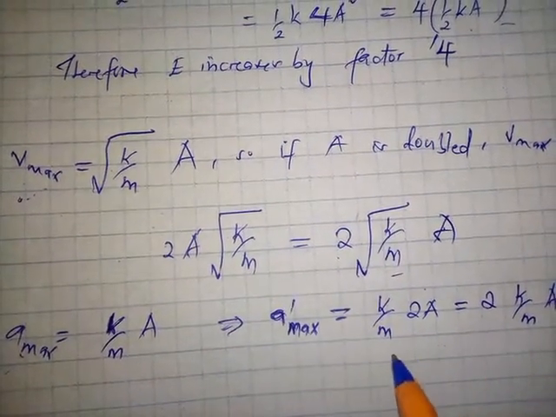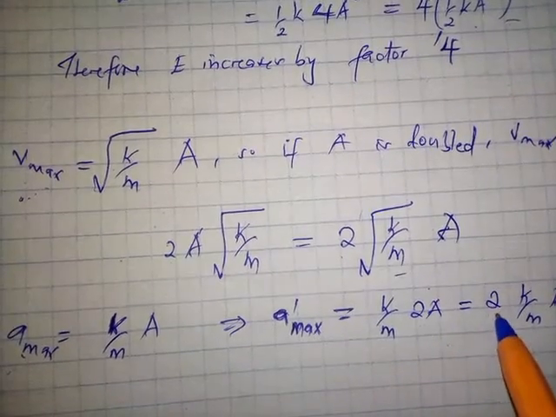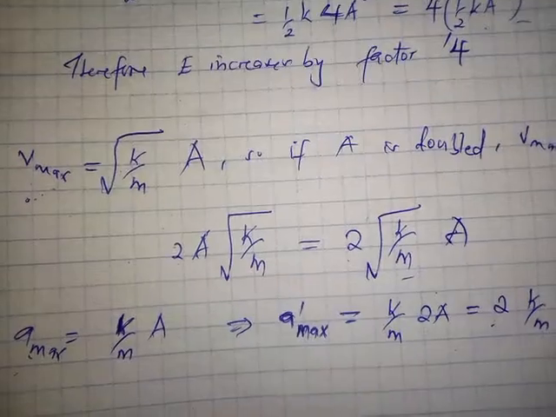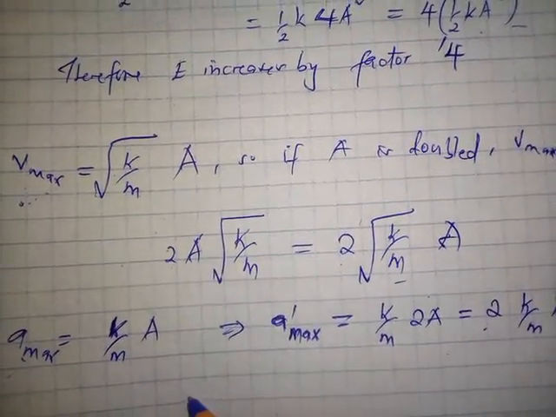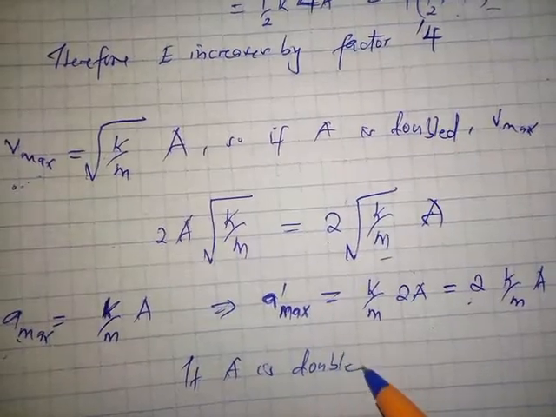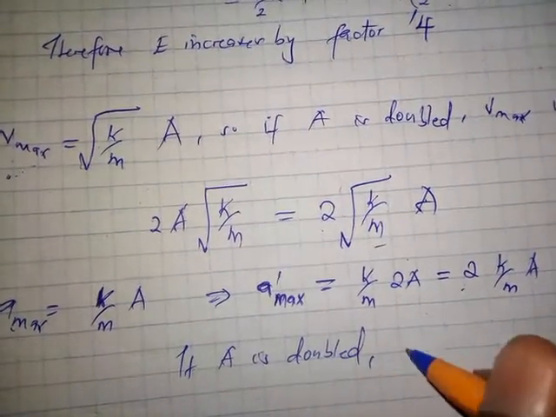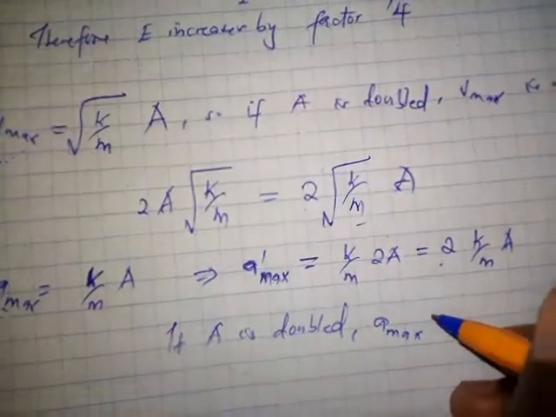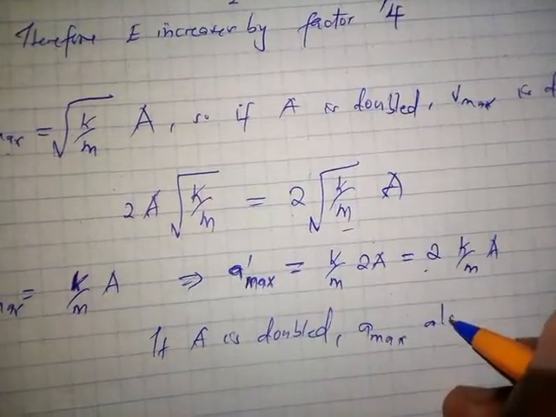So if the amplitude is doubled, we'll have 2 times the maximum acceleration. So if A is doubled, A max also doubles.